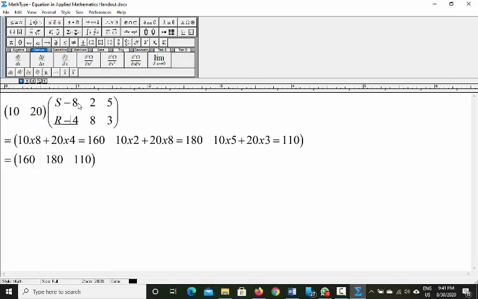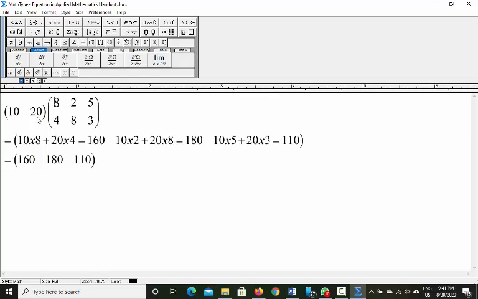In the superior batch, they are using 8 pounds of beef, 2 pounds of pork, and 5 pounds of lamb. In the regular batch, they are using 4 pounds of beef, 8 pounds of pork, and 3 pounds of lamb. We want to produce a total of 10 batches of superior and 20 batches of regular.